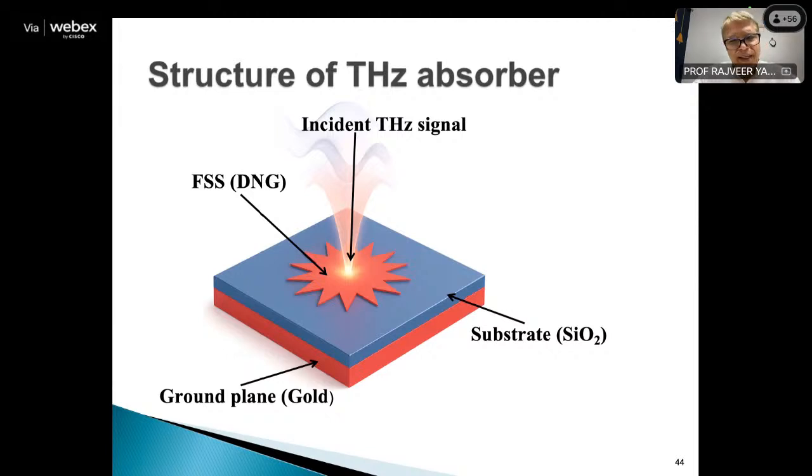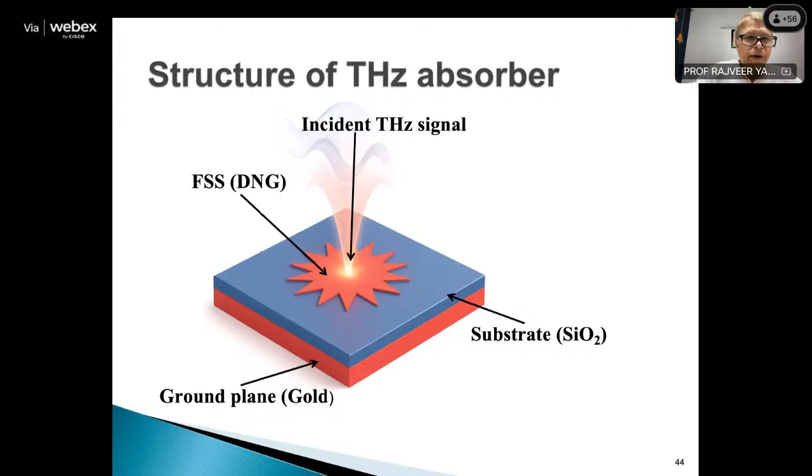This is another structure we have depicted. The structure is basically built with a resonant circuit placed on top, the substrate, and the ground plane. This is the basic concept of the structure of an absorber at terahertz frequency. Only the substrate material will get changed.